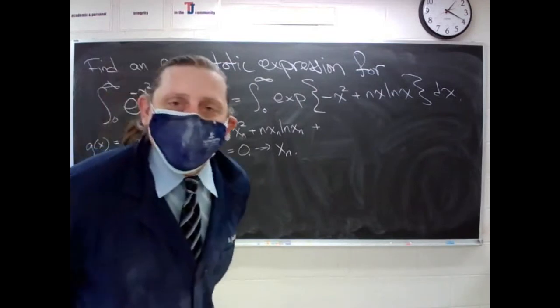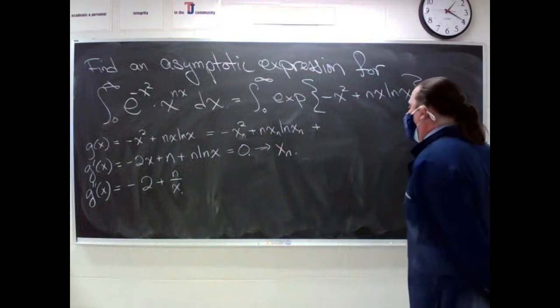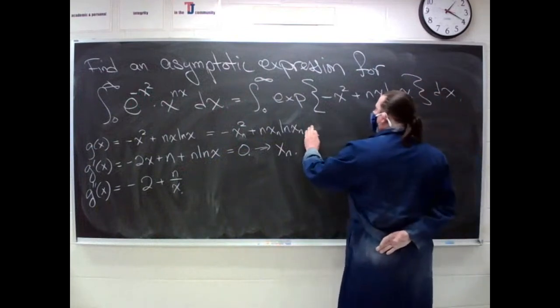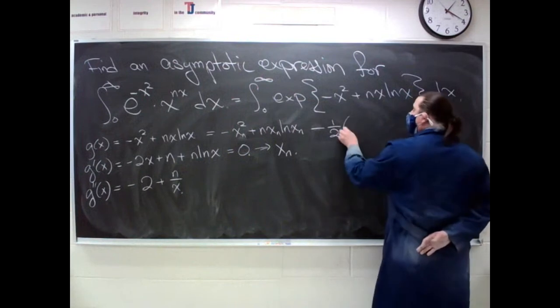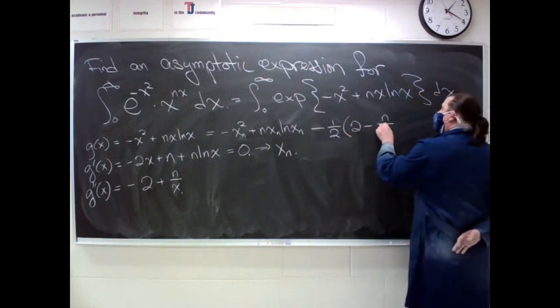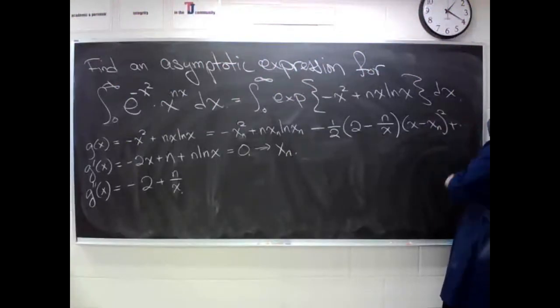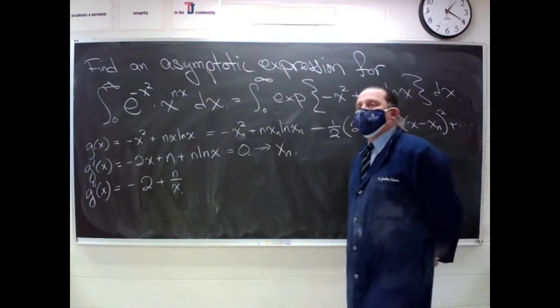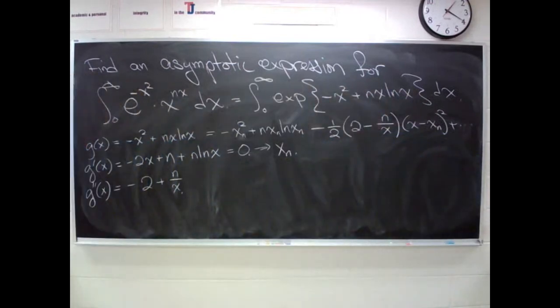That was how we determined xn. So then it's just going to be g prime prime, I'm going to write like this, over 2 factorial, just like that.